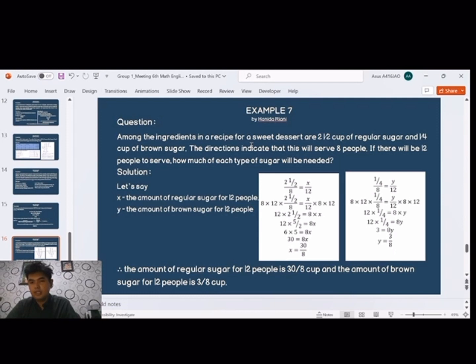So it will be 3 equals 8y. So Y is 3/8. So the amount of regular sugar for 12 people is 30/8 cup, and the amount of brown sugar for 12 people is 3/8 cup.